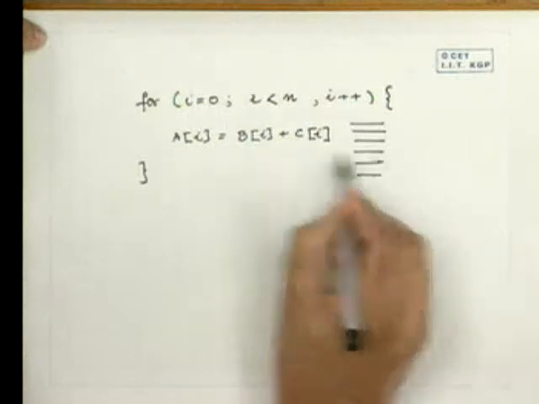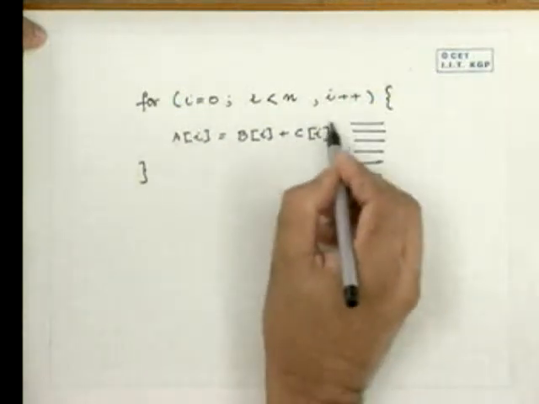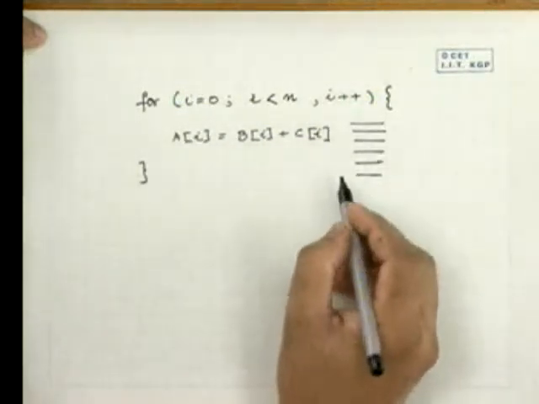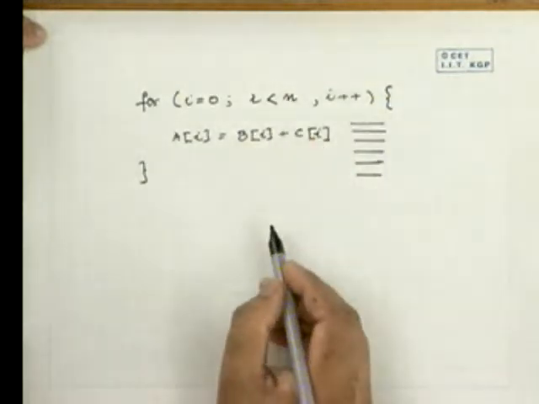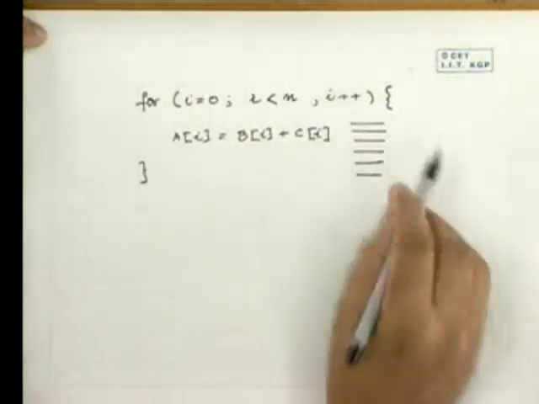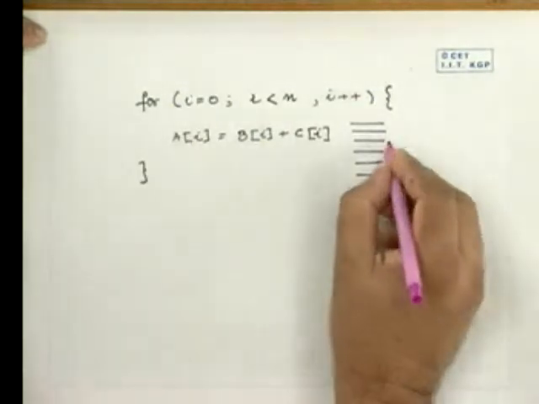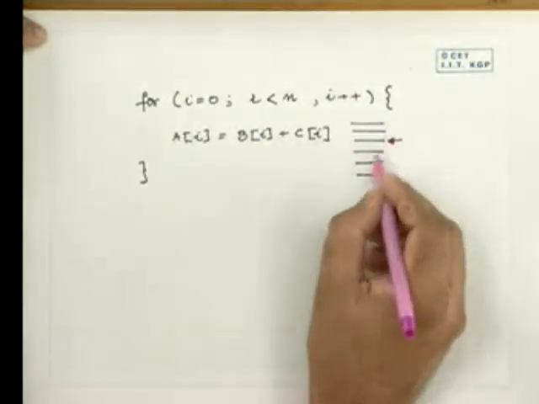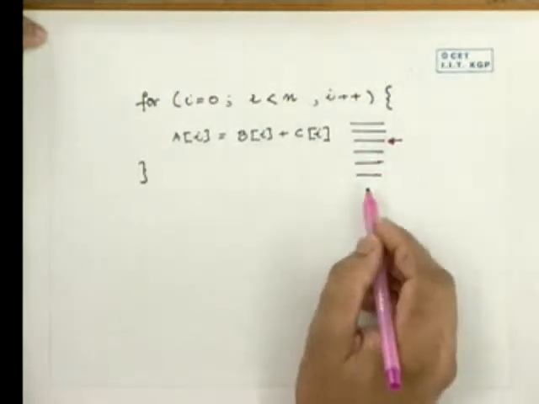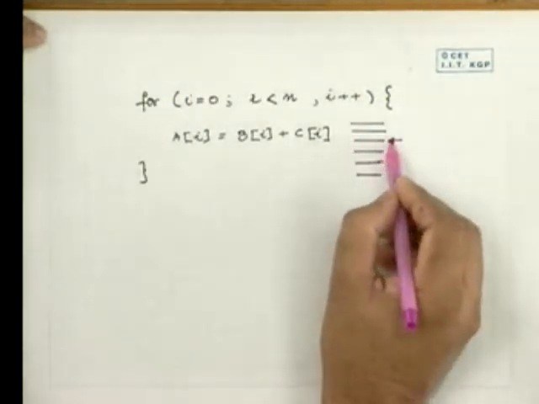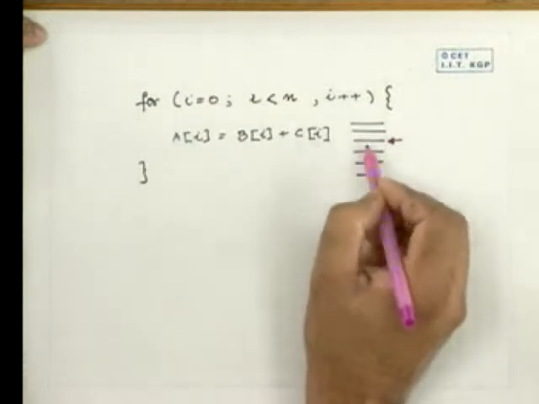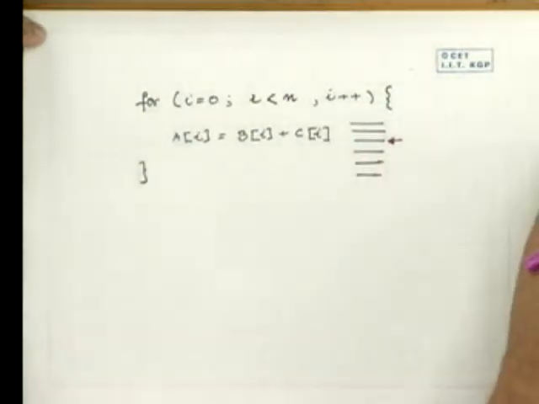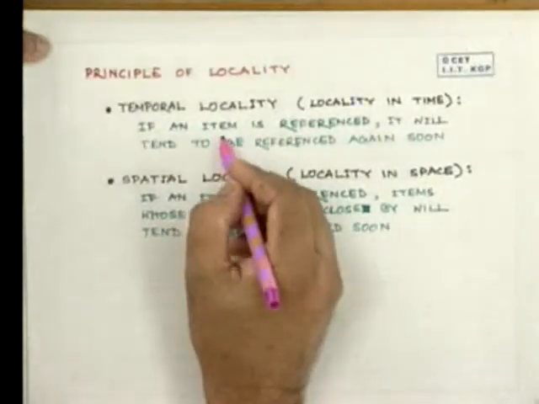For example, in this loop, the instruction into which this high-level language statement is translated will be executed n times. If a particular instruction is executed now, there is a high probability that it will be executed very soon because it is in a loop. This is the temporal locality.